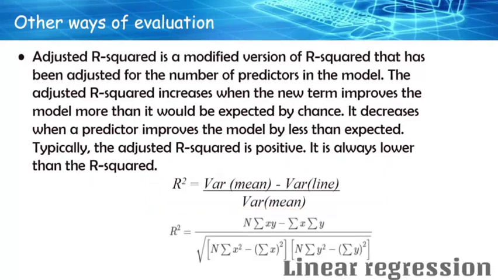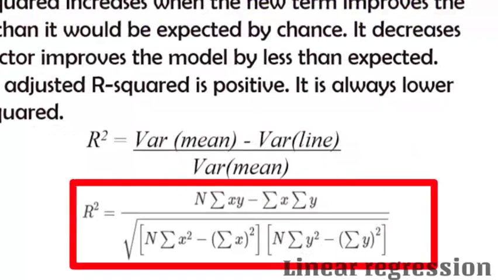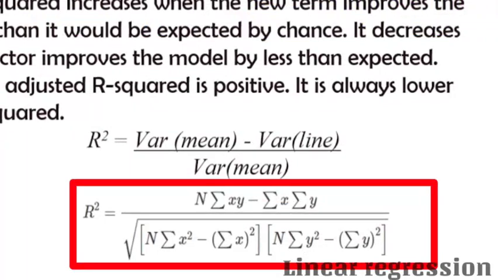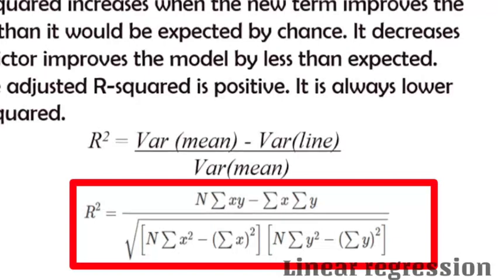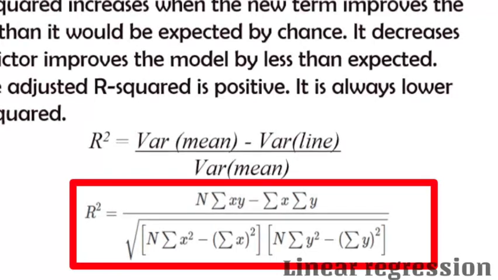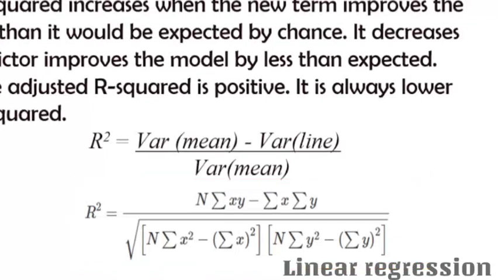And for the other formula, here we have summation of x and y minus the individual summations of x and y, divided by the whole root of n times summation of x squared minus summation of x the whole squared, multiplied by n times summation of y squared minus summation of y the whole squared. Again, this denominator is taken as a root. So this is the other formula which you can apply and find out for linear regression.